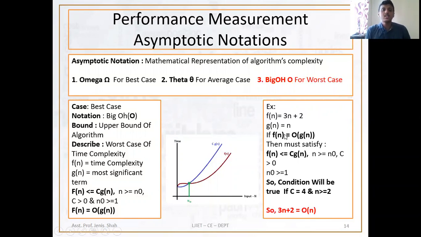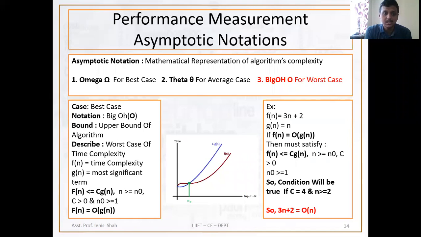So in this lecture, we studied about the asymptotic notation and time complexity. There are three types of asymptotic notations. First one is Omega, then Theta, and Big O. Omega shows the best case, Theta shows the average case, Big O shows the worst case. Fine. What we need to do, we just need to show the three graphs.